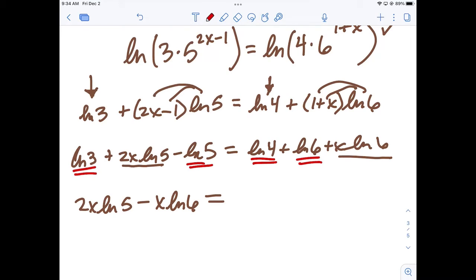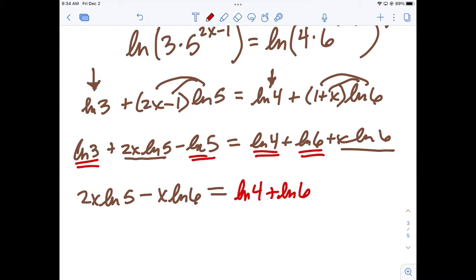There's 4 numbers now instead of 2. They all go on the right-hand side. So the natural log of 4 is there. Natural log of 6 is there. And now remember, when you bring these terms across, they change signs. So minus ln of 3 and then plus ln of 5. That's a real easy thing to mess up. You're just being quick, you're hasty, and you forget to change those signs.